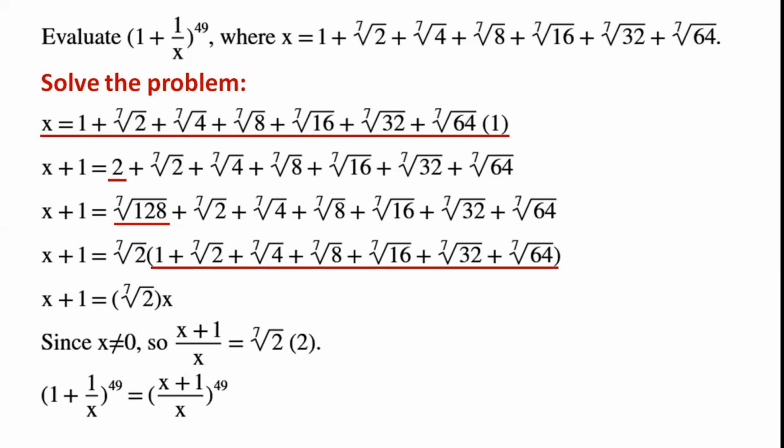1 plus 1 over x all to the power of 49 equals x plus 1 over x all to the power of 49.